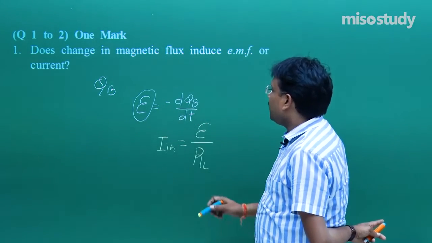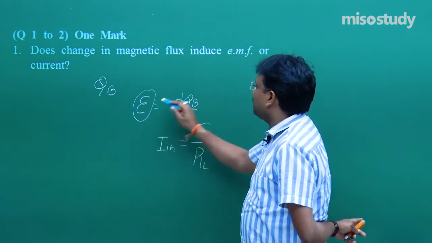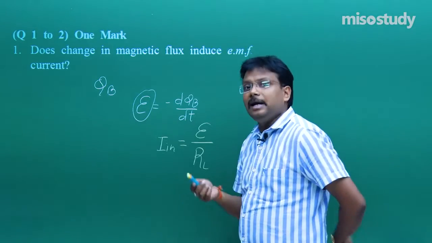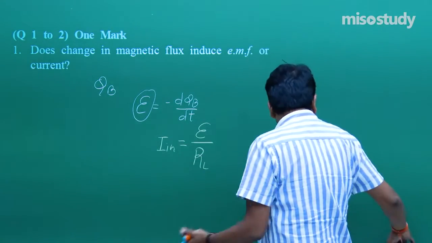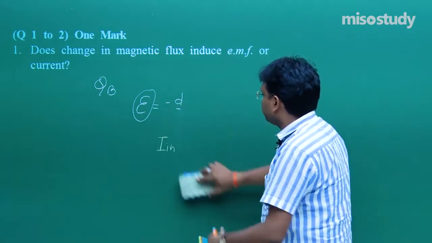So the answer should be flux phi, this induced EMF will come after the changes in magnetic flux take place. Current is not the first thing that will come into the situation.